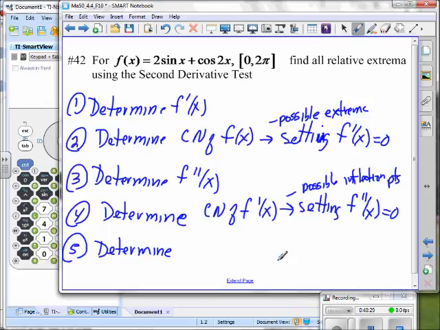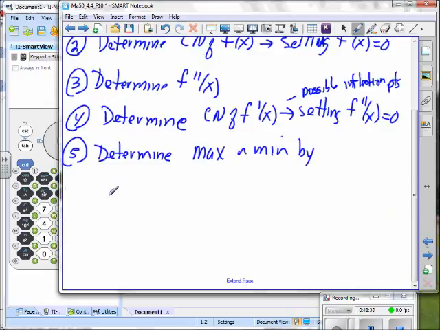Okay, so now we're going to determine maximum or minimum by doing what? Which one tells us concavity? Second one, okay, and if the concavity is concave up at that point, what point?